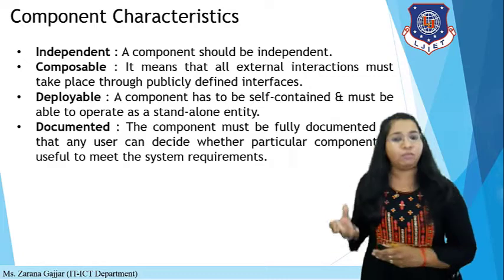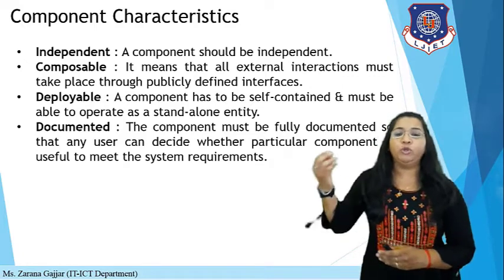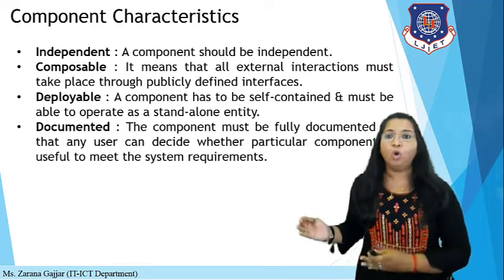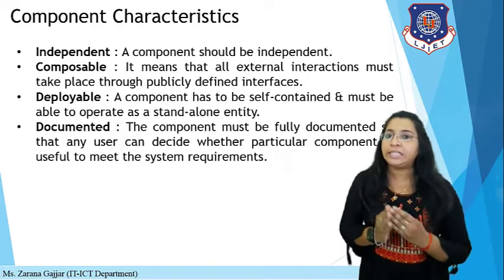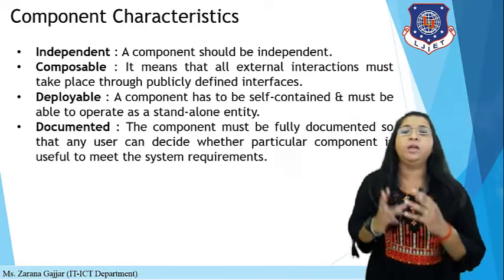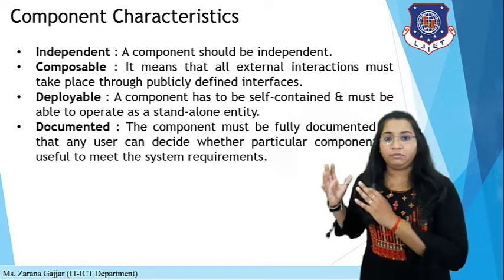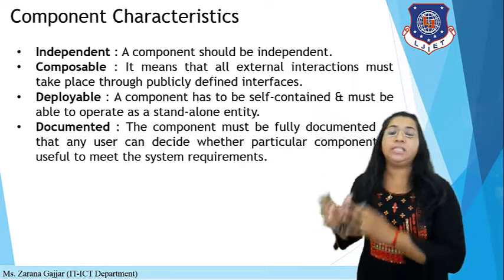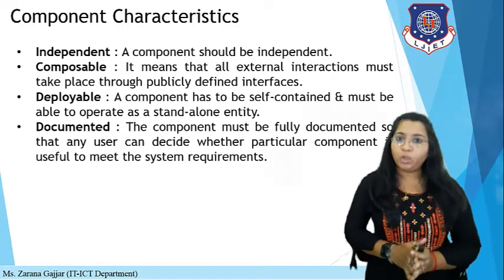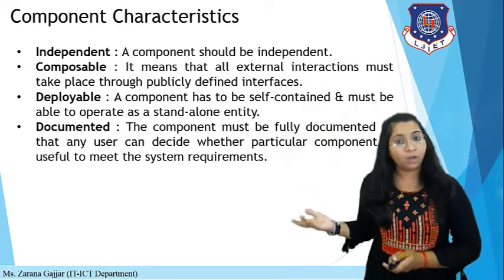The customer will give you some requirements, and based on that you define which components are needed. Once you are done with component selection, you document that component, so you can easily map whether it is working properly for the particular requirement. So these are some characteristics of a component.